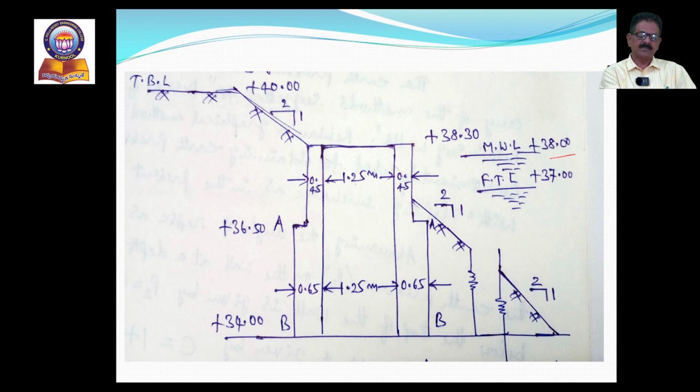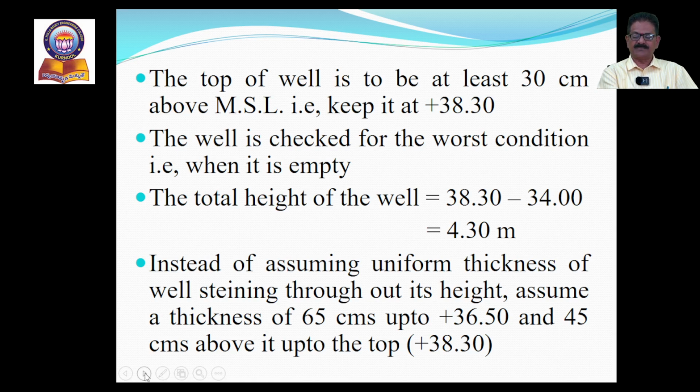This is just for economical purpose. Instead of assuming uniform thickness of well steining throughout its height, assume a thickness of 65 centimeters up to 36.5 meters and 45 centimeters above that up to the top, that is 38.3 meters.